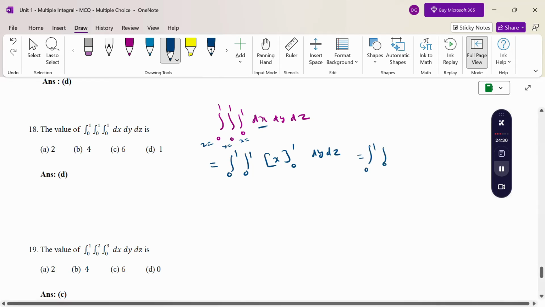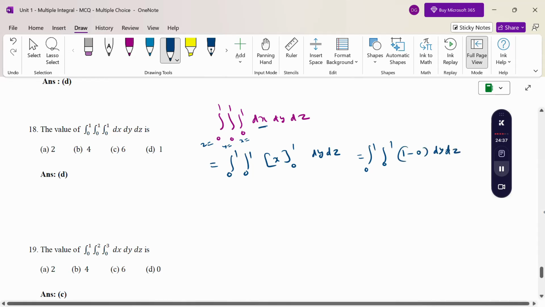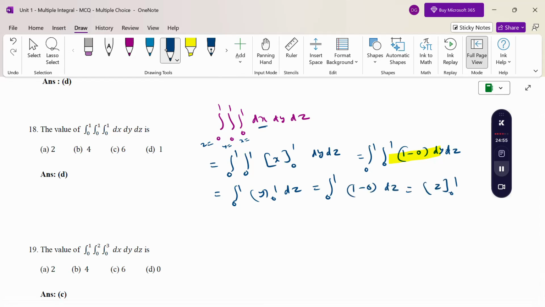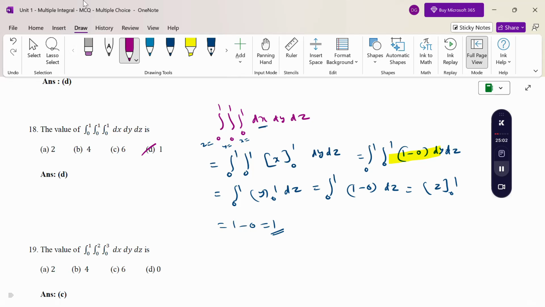So 1 minus 0, dy and then dz. Next integration with respect to y gives y from 0 to 1, dz, 1 minus 0 dz, again z from 0 to 1, 1 minus 0. So the answer is 1, option D.